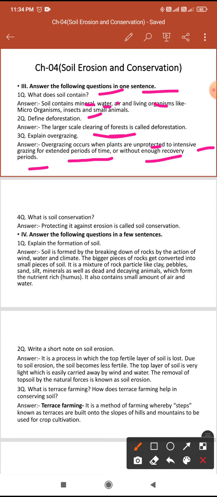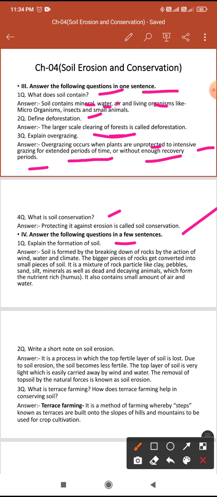They need some time also to grow and maintain their recovery. So that's why. Okay, what is soil conservation? Protecting soil against erosion is called soil conservation.